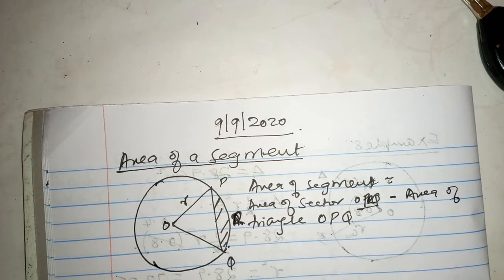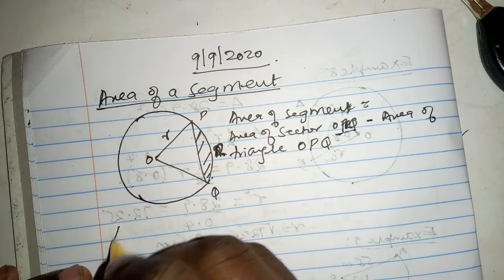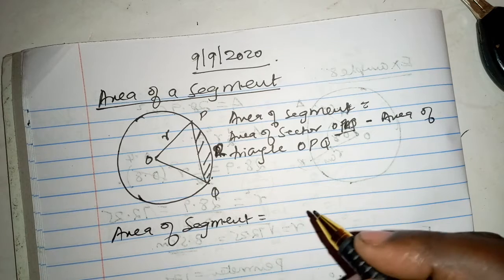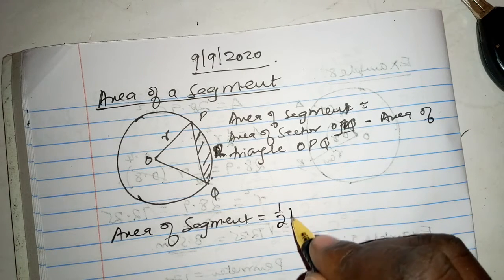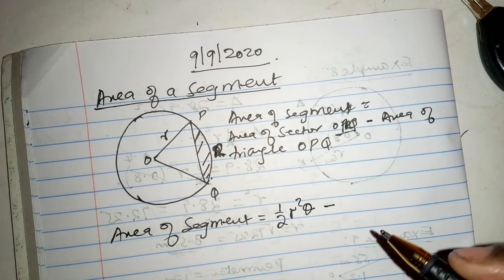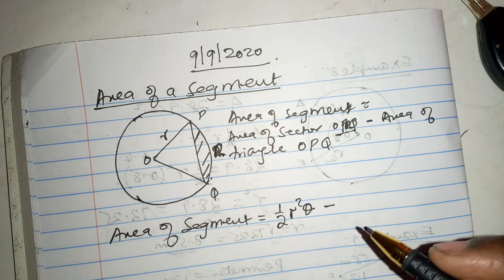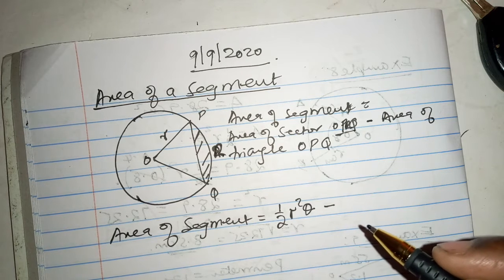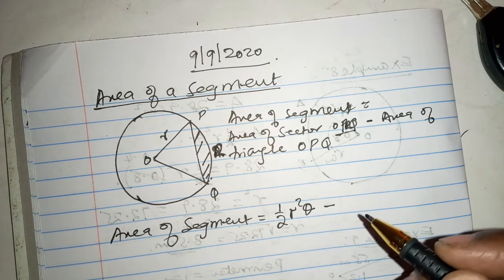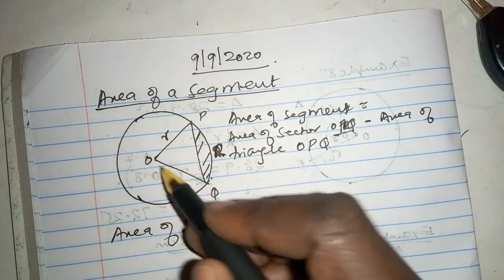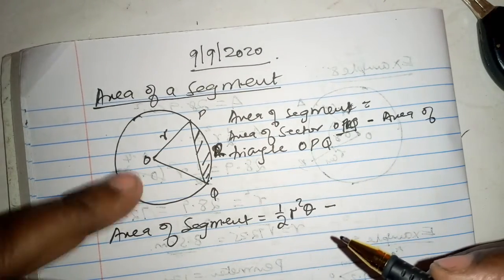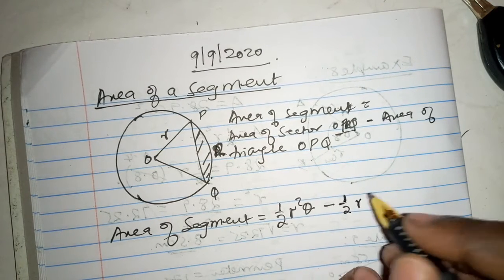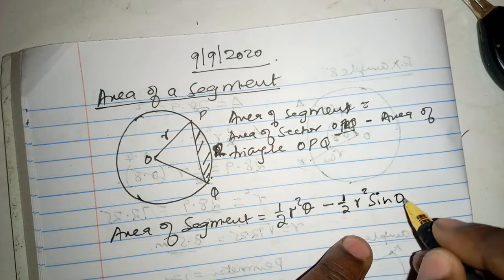But we know the area of a sector, therefore the area of the segment becomes a half r squared theta minus the area of a triangle. Earlier on, we have understood the area of the triangle to be a half ab sine theta, or a half r, and then the sine of theta, which is the angle in between the two given sides. A half r squared sine theta.